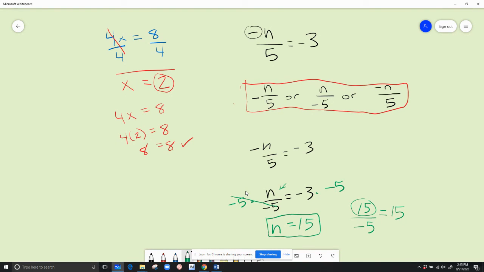Is positive 15 divided by negative 5 the same thing as not 15? That's where I screwed up. The value there was 3, right? The negative 3. There we go. So we had to rewrite the equation. Is it the same? Yes, it is. Negative 3 equals negative 3.